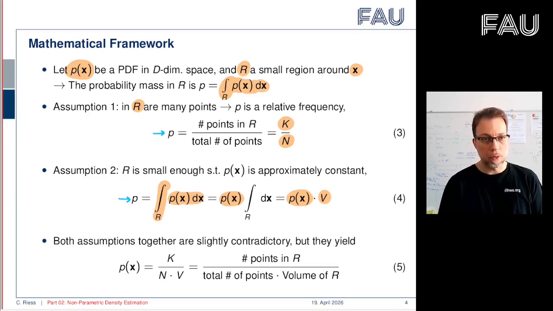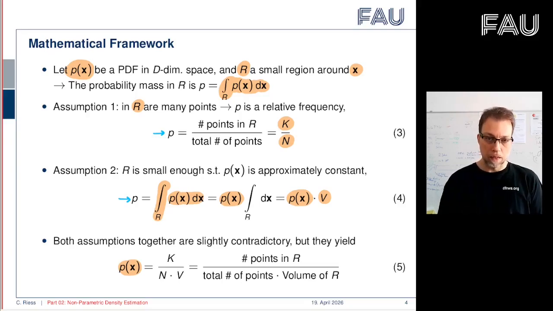We can say, well, P of x, which we took from the second assumption, equals k divided by n, which we took from the first assumption, divided by the volume, which again comes from the second assumption.